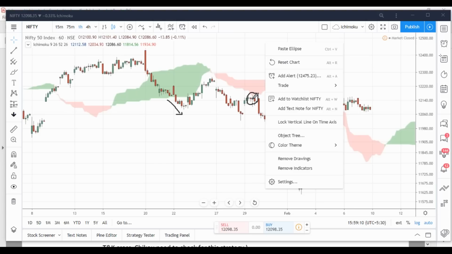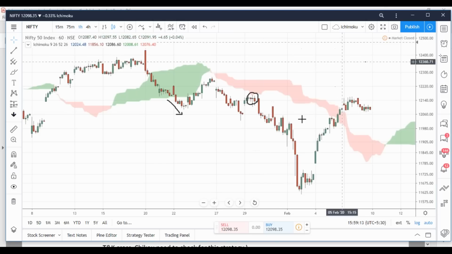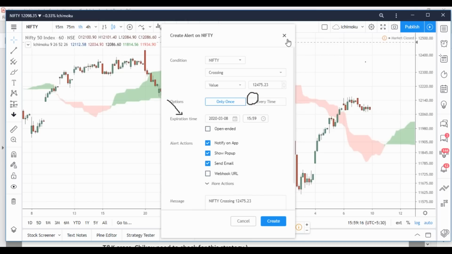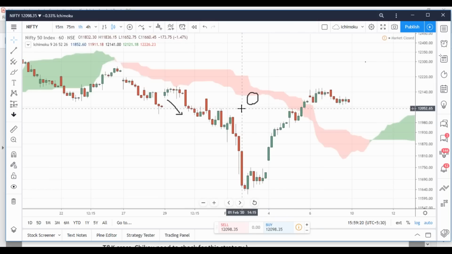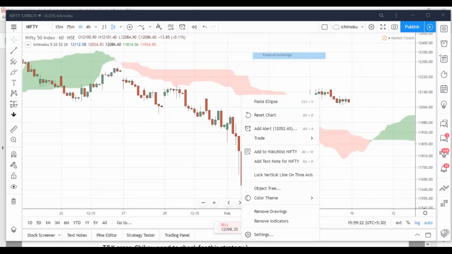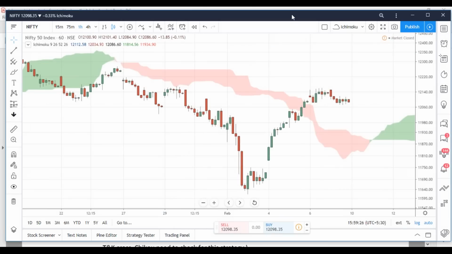So here, price broke below the cloud. We are waiting for a pullback. No entry till this zone.